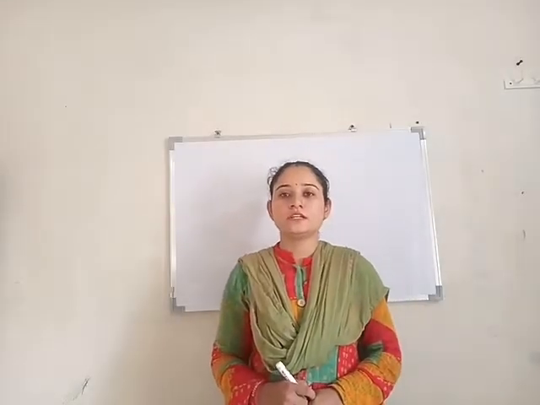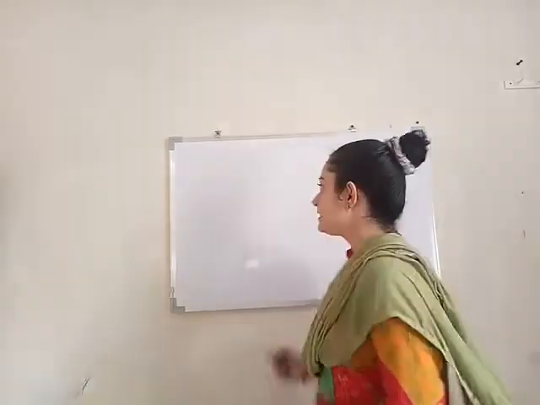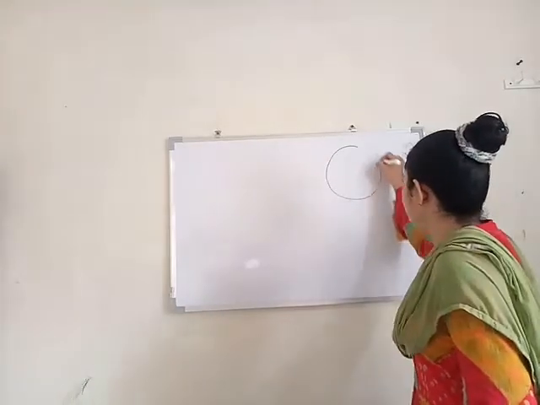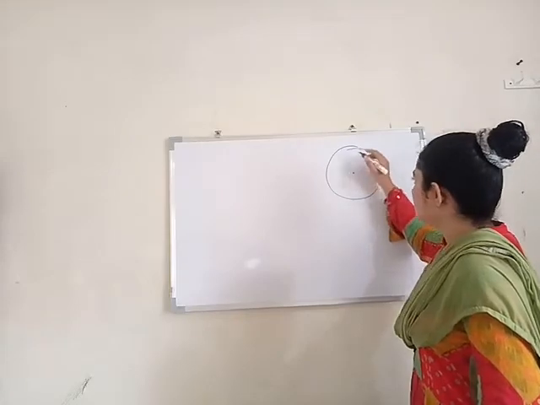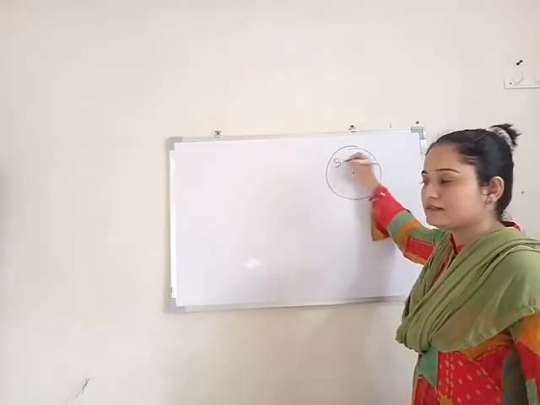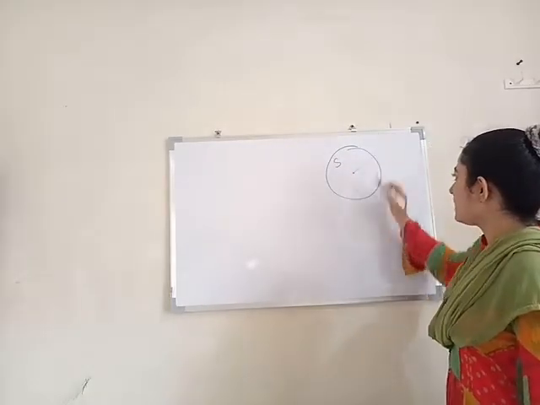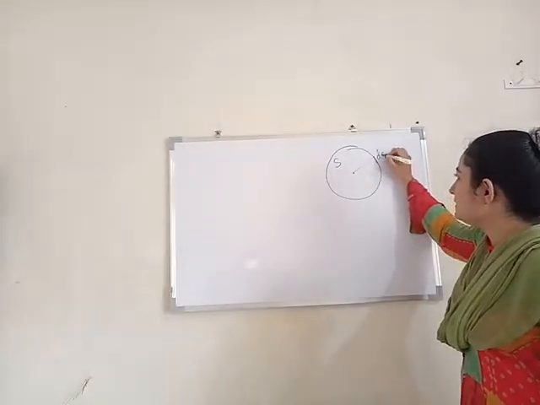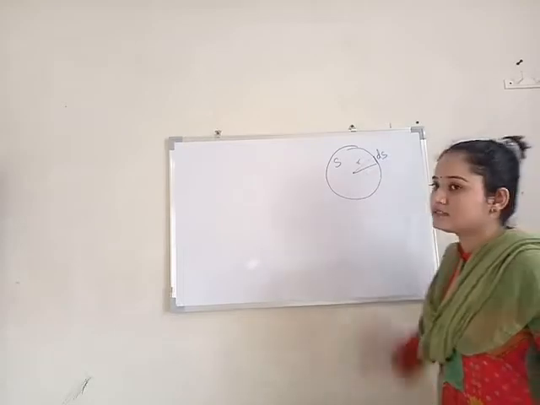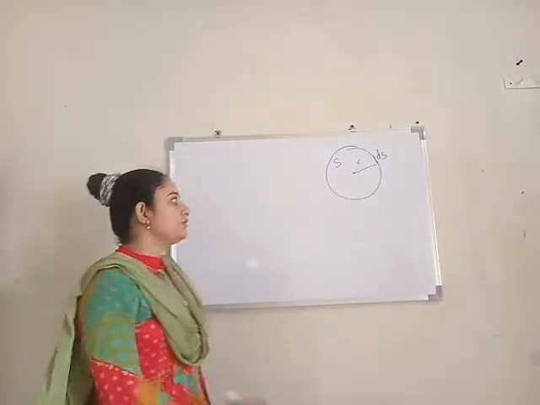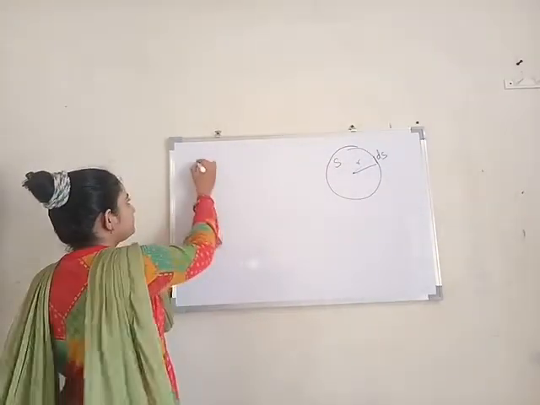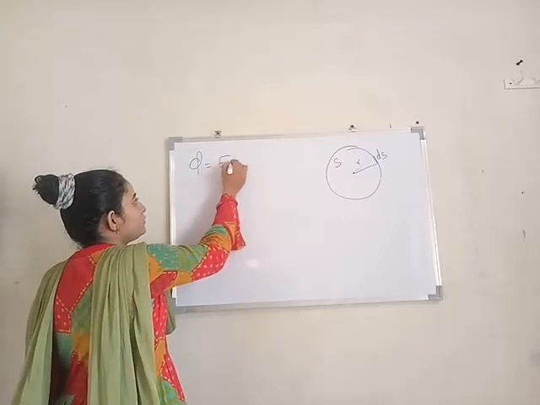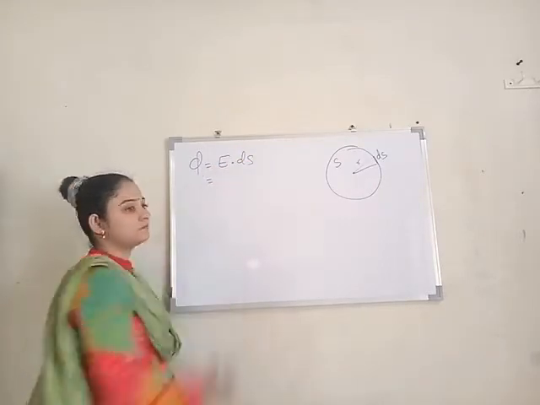Now we are going to study Gauss law. Consider a sphere having surface area S, radius R. We will consider a small area delta S on it. The flux linked with it, phi, will be equal to E dot dS.